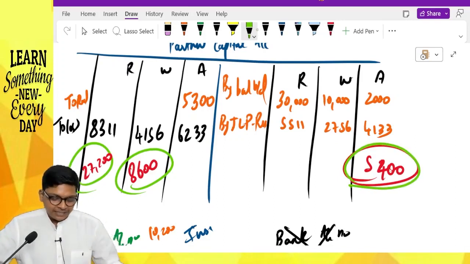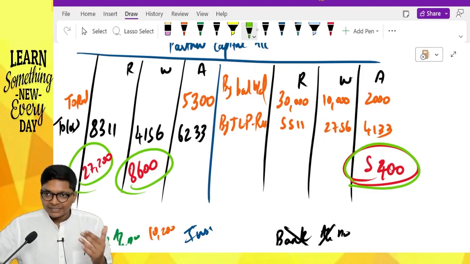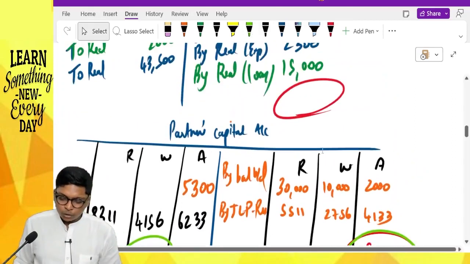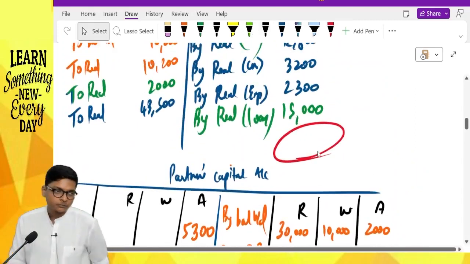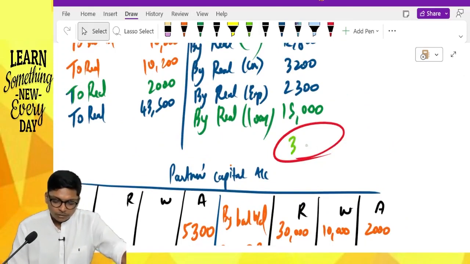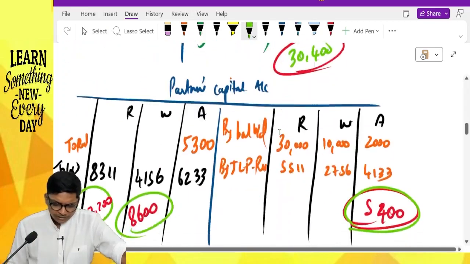This represents that I have to pay R 27,200, I have to pay W 8,600, and A has to bring in 5,400. Go and check the closing balance of cash. How much is that? Roughly 30,000.